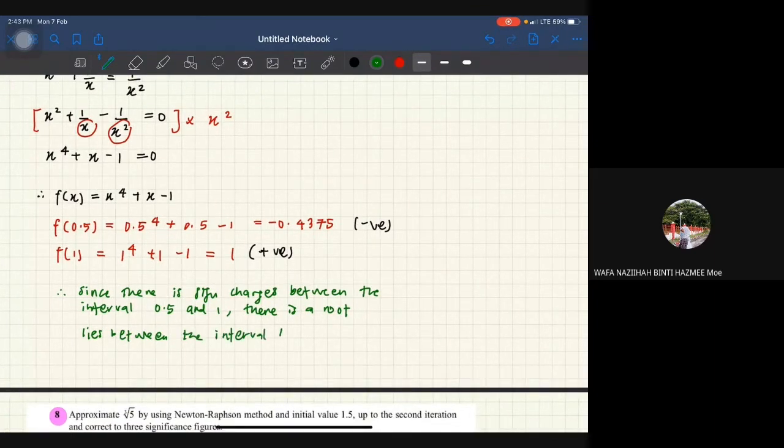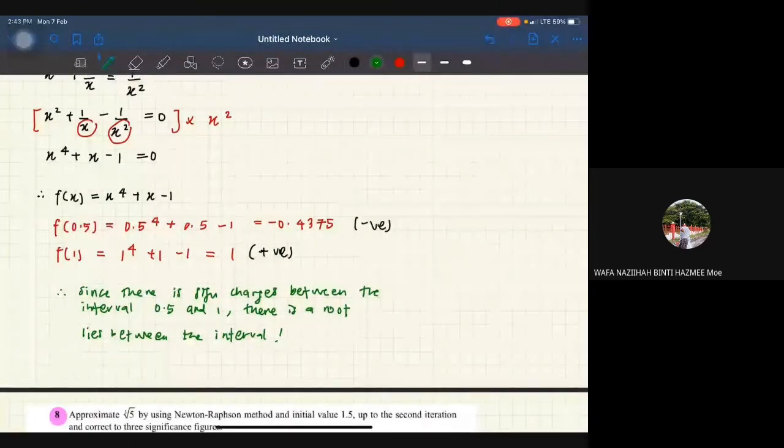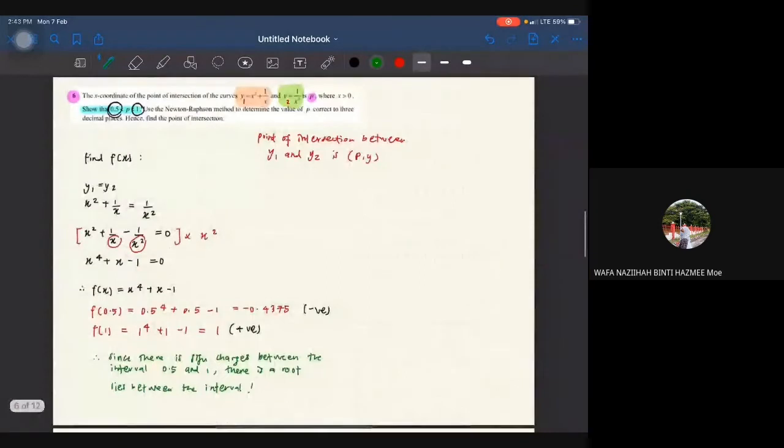Okay, saya harap awak faham tulisan doktor saya. Since there is sign changes between the interval 0.5 and 1, there is a root lies between the interval. Okay, so itu adalah conclusion yang kita draw. Okay, so settle part yang warna biru.